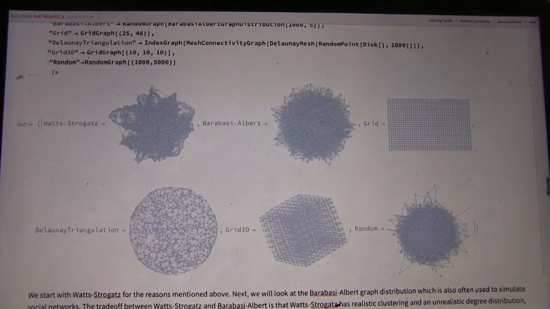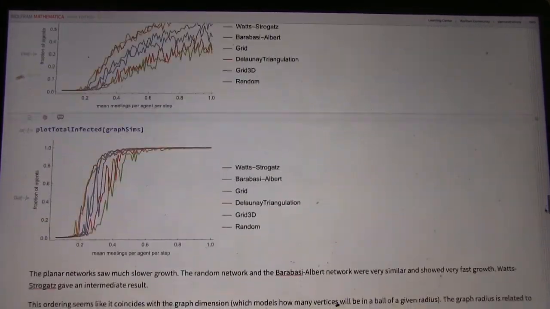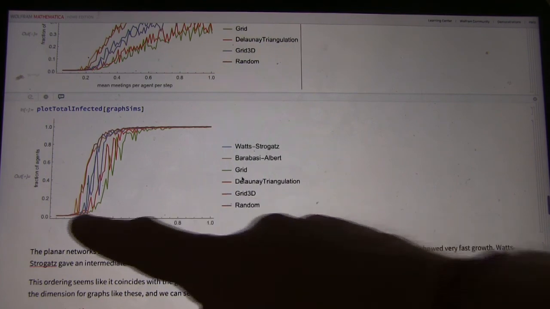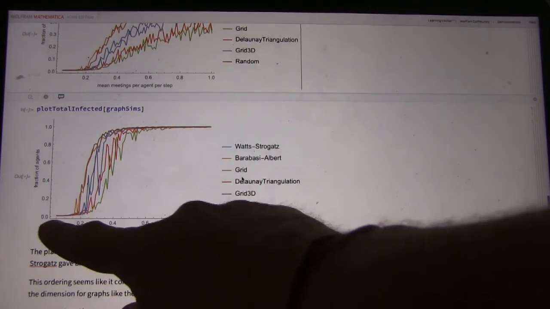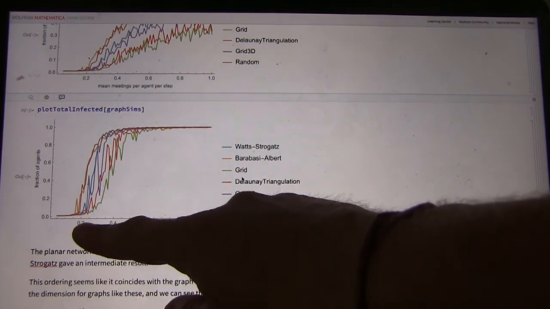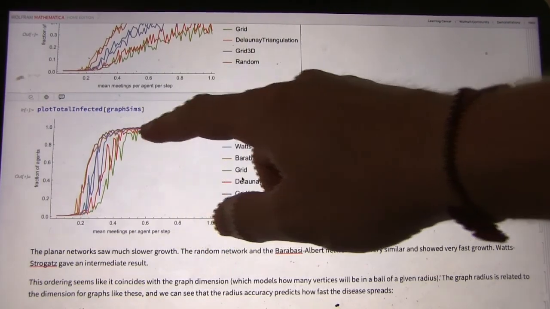But when he studies it, very surprisingly, the behavior is very similar. I don't know how well the colors show up on the screen, but if you look at the random graph or the Watts-Strogatz one or just a plain old grid, they all exhibit that same property where it suddenly transitions from the infection hardly spreading at all to whoop, it spreads to everyone.